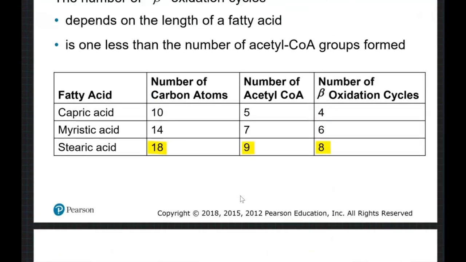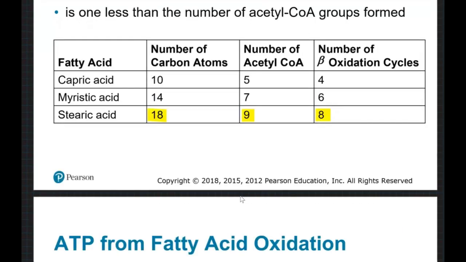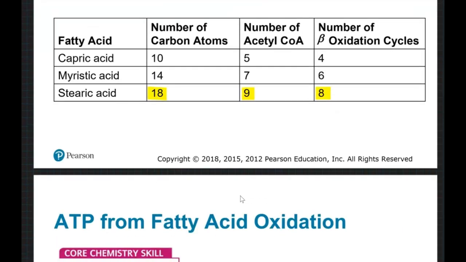Now, here's the thing. I want to do these quick calculations for stearic acid. So stearic acid has the same number of carbons as three glucoses. Okay? So, if you think about the process of beta-oxidation, chopping off 2 carbons at a time, the total number of acetyl-CoAs will be 9 for stearic acid. Does that make sense? You divide 18 by 2, 2 carbons in each fragment. Do you understand what I'm saying? Yes?